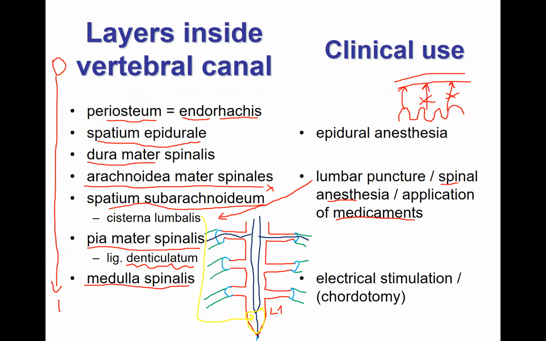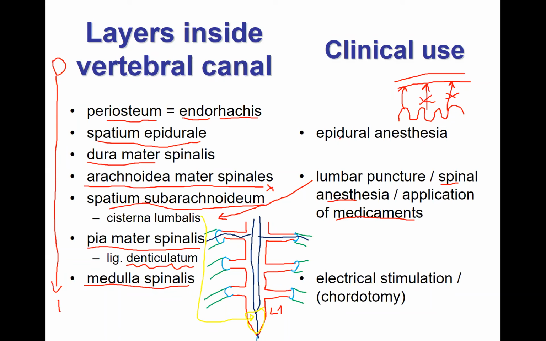Either you get the CSF out or you put inside anesthesia, which is just a short one during operation, or a long one, so you administer medicaments against chronic pain. So that's the lumbar puncture.